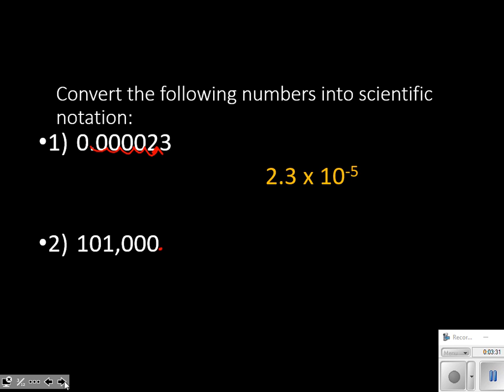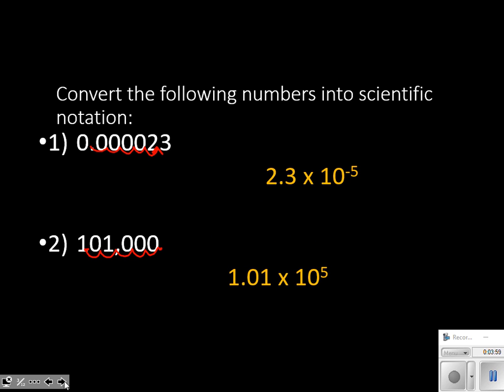All right? So I know that my decimal point is after my placeholding zeros. I am moving my decimal to a number that is between 1 and 10, so I'm going to move my decimal right here. When I do so, I jump 1, 2, 3, 4, 5. I've jumped that 5 to the left, so I'm getting positive numbers.